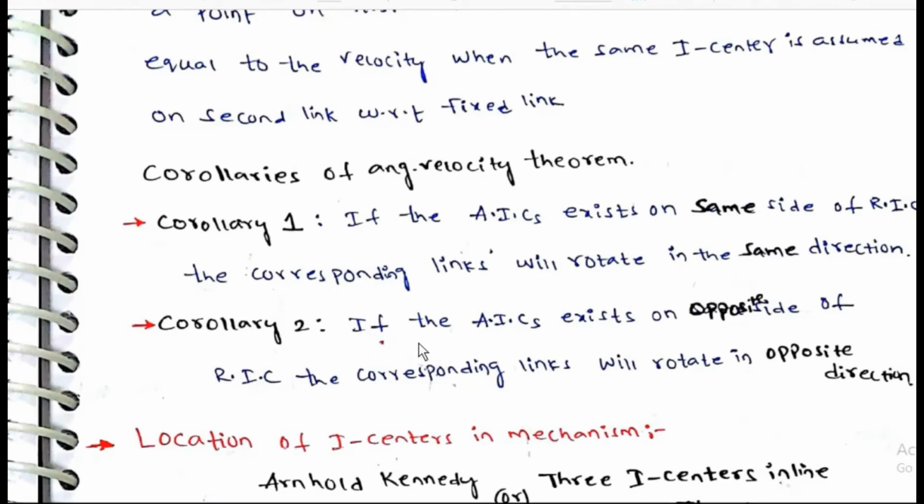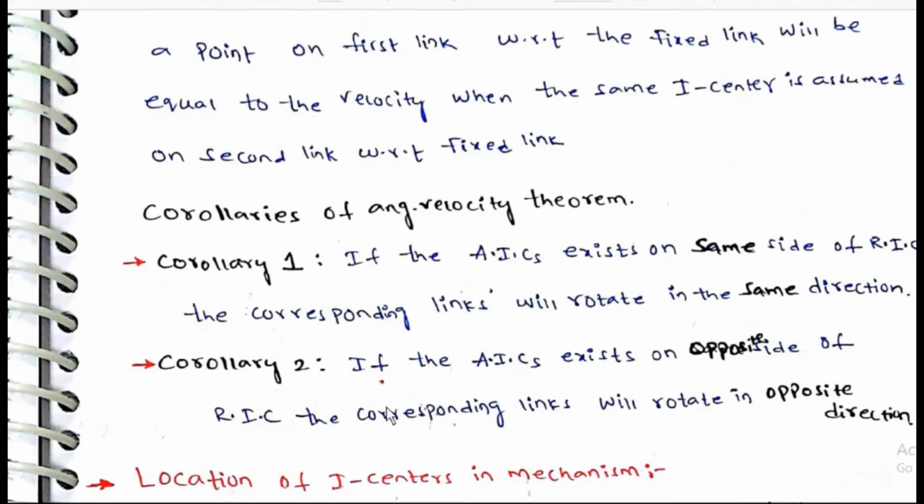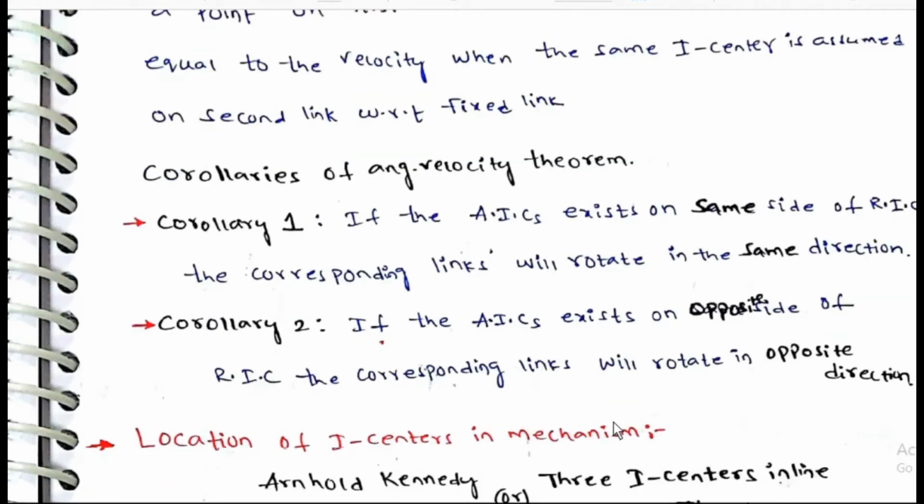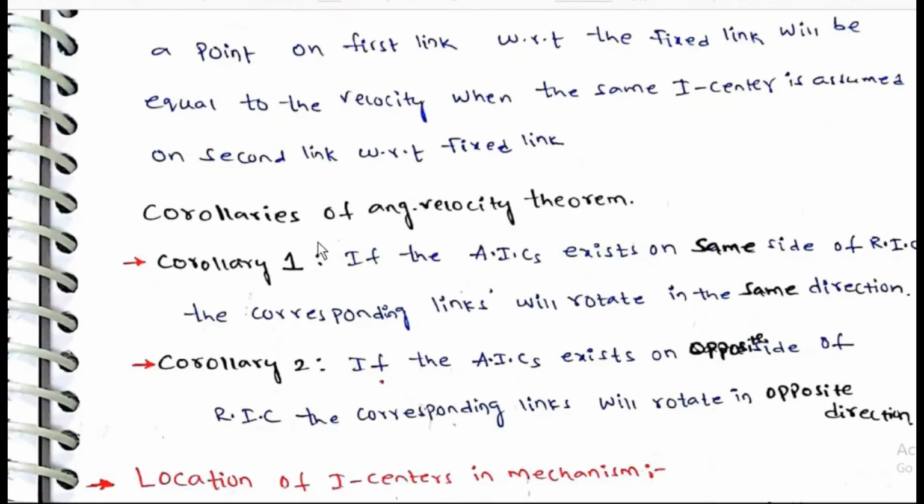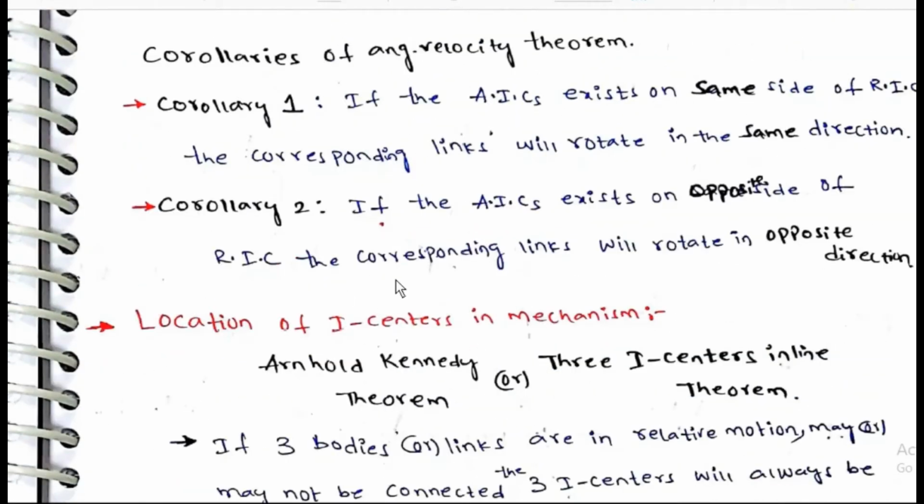If the absolute I-centers exist on opposite sides of the relative I-center, the corresponding links will rotate in opposite directions. Like for example, if I is here and A, B are here, then they will rotate in the same direction. We can understand this completely from an example.